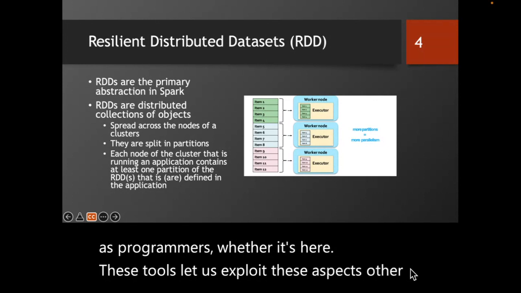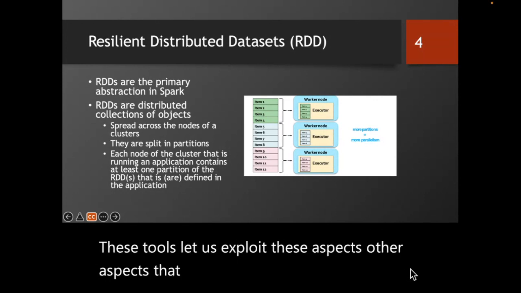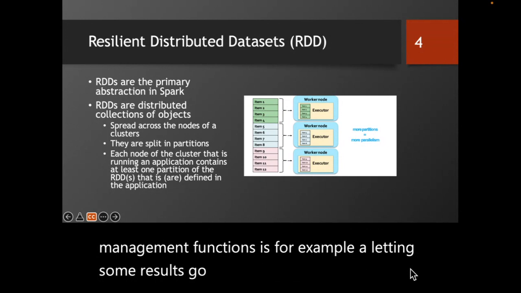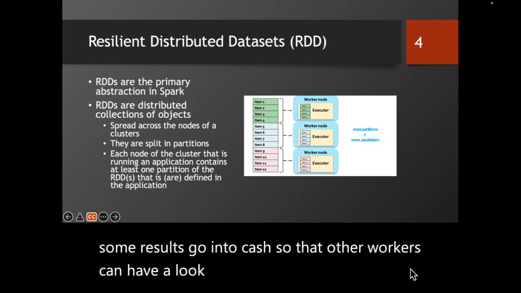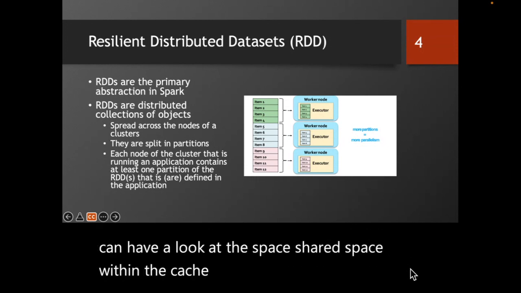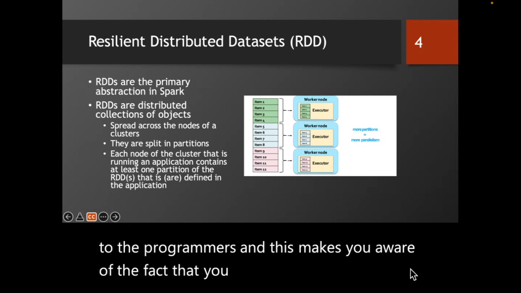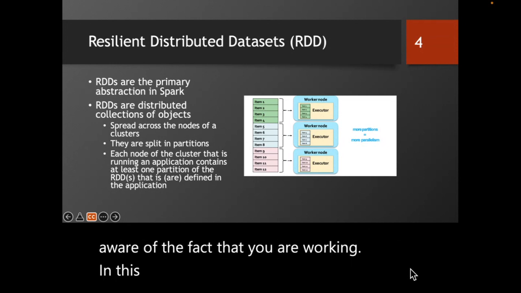Other aspects that we can exploit through these management functions are, for example, letting some results go into cache so that other workers can have a look at the shared space with the cache. So this decision making is up to the programmers, and this makes you aware that you are working in a cluster architecture.